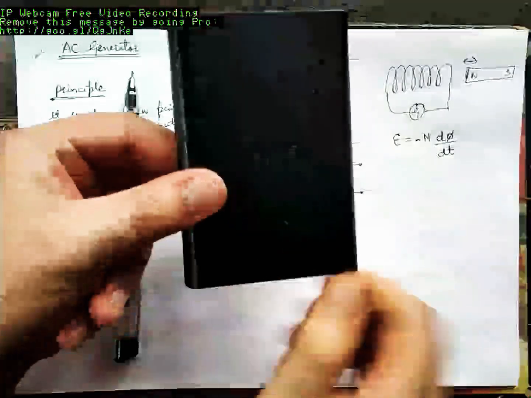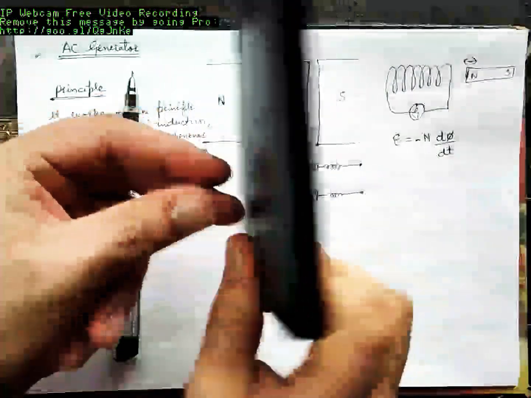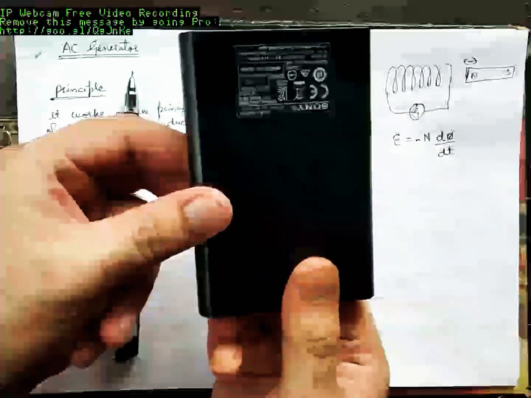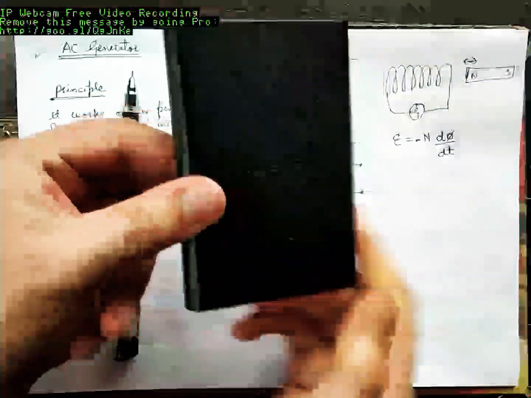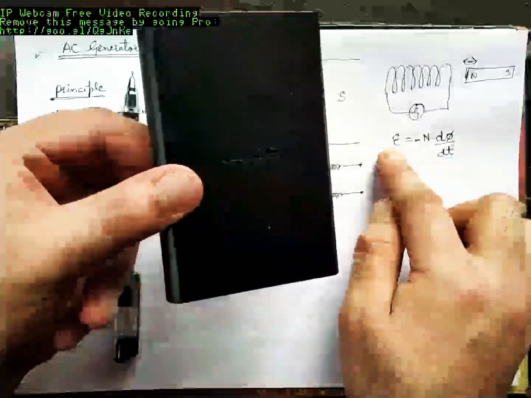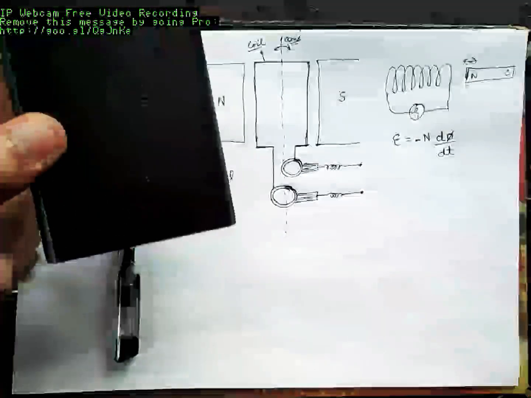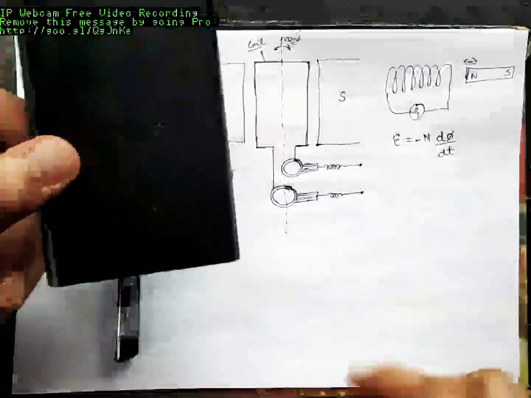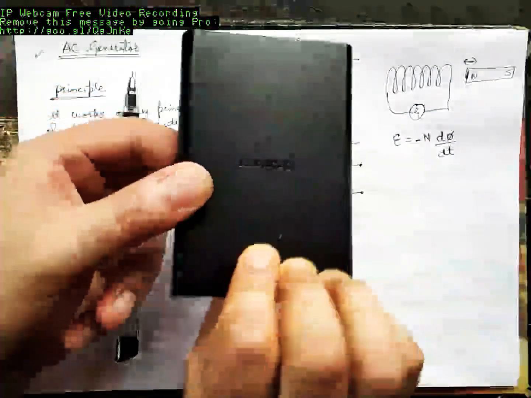Because as long as you are rotating this coil, the flux passing through the coil is changing. When flux passing through the coil is changing, there is d phi by dt. When there is d phi by dt, there is an induced EMF in this. Fine. So in order to generate electrical energy, you need to continuously rotate this coil.